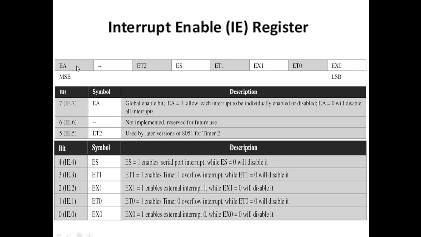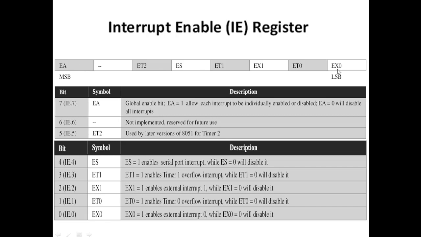So you can see over here, this bit will be 1, the others will be 0, and this one will be 1, and the rest 0.